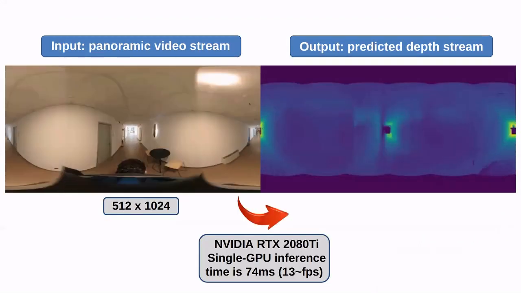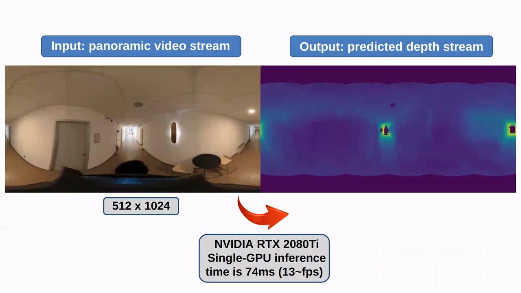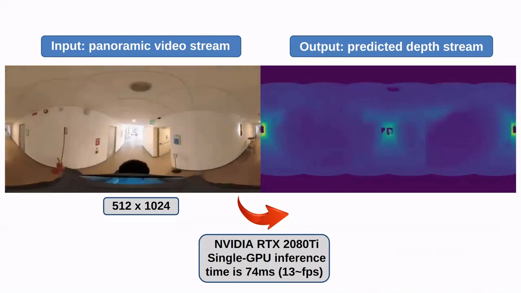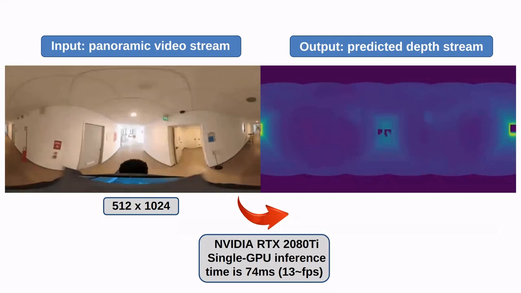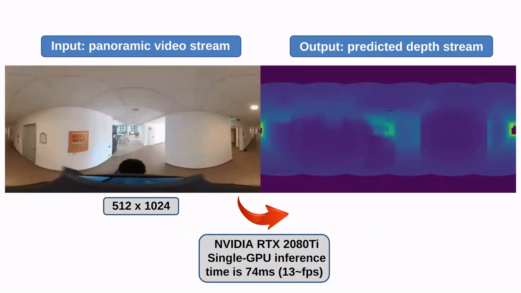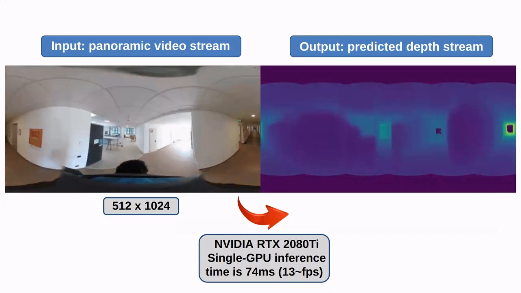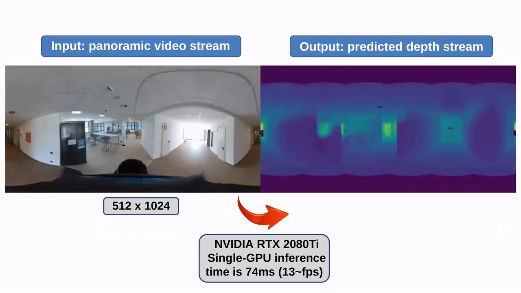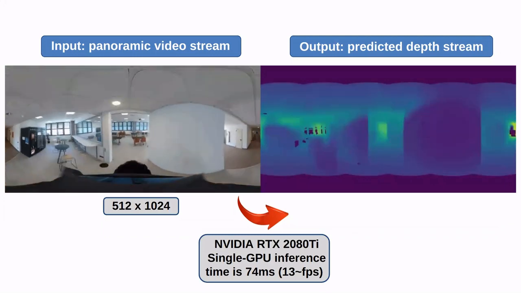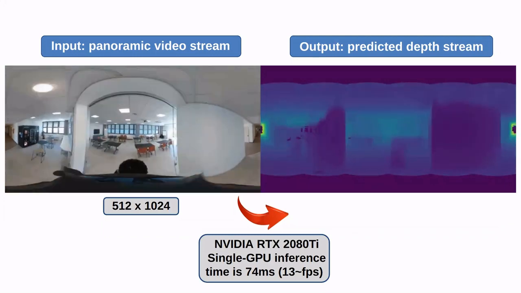Moreover, on an NVIDIA RTX 2080 Ti, single GPU inference time is 74 milliseconds for a 1024 x 512 image, showing that our method can be integrated in interactive settings to perform frame-by-frame depth inference from purely visual data.